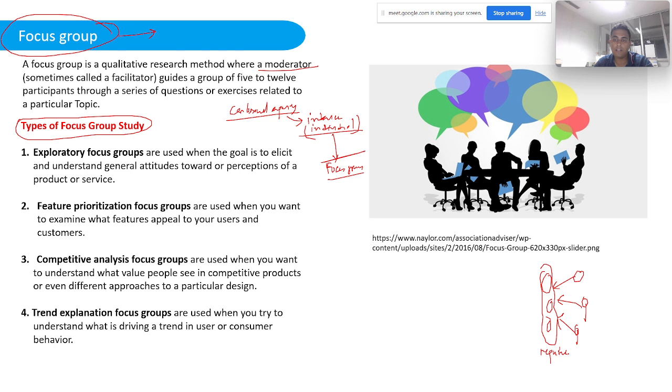So we get the requirements or the problems from the patient perspective.